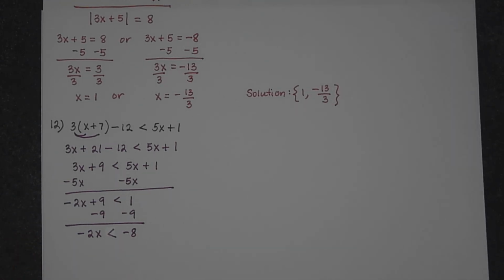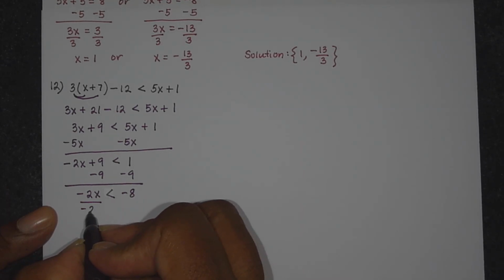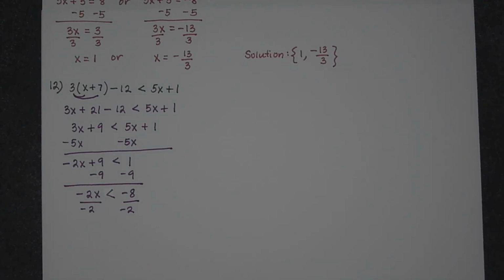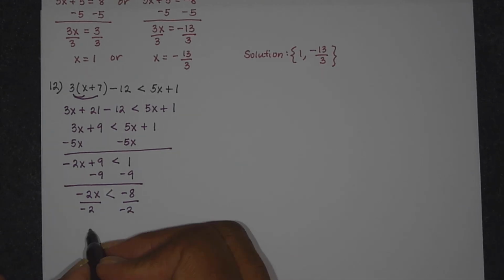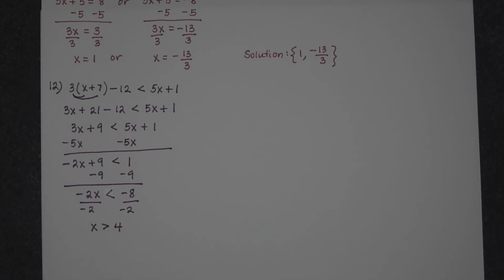And to get x by itself, I need to divide both sides by negative 2. When I divide both sides of an inequality by a negative, what's going to happen to this inequality symbol? We're going to flip it from less than to greater than. So it'll be x is greater than 4. Okay? So it'll be x values that are greater than 4.